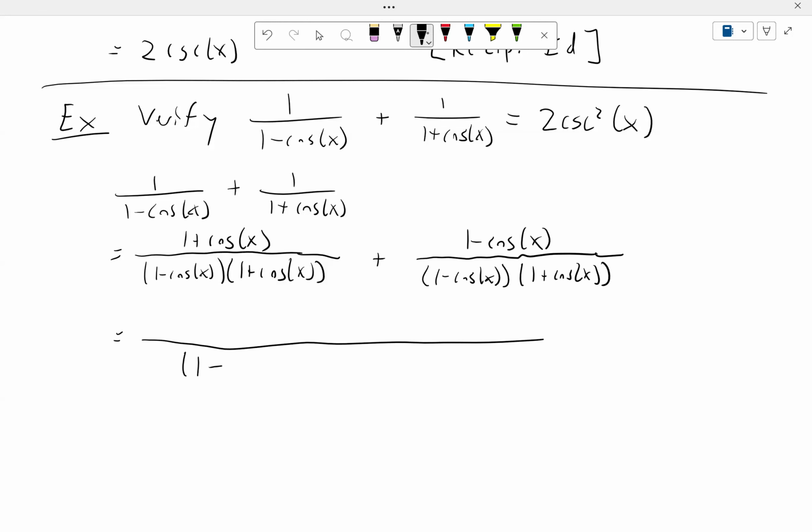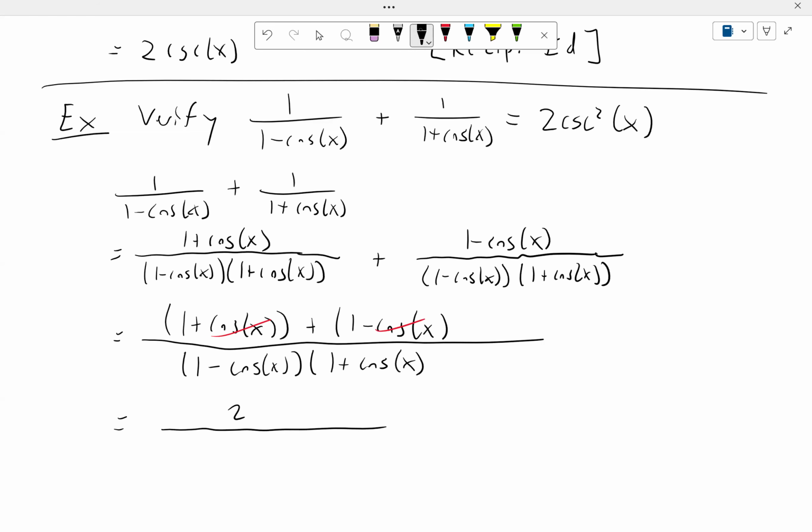My downstairs is 1 minus cosine of x times 1 plus cosine of x. And then now I add my numerators together. So it's 1 plus cosine of x plus 1 minus cosine of x. And as you can see, I'm going to get a little bit of cancellation. My cosines of x just cancel off there. So then upstairs, I just have 2, and this is all divided by 1 minus cosine of x times 1 plus cosine of x.